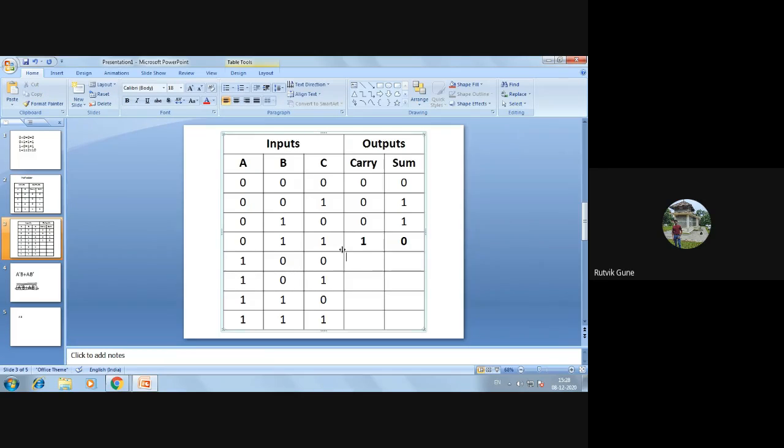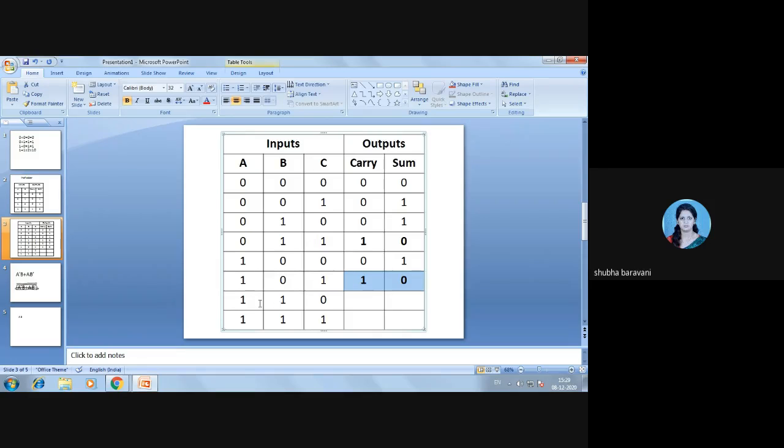Yes, ma'am. Okay. Now 100: 1 plus 0 is 1. Again 1 plus 0 is 1. So there is no necessity of a carry. However, for 101, 1 plus 0 becomes 1, and 1 plus 1 becomes 2. 2 is represented as 1 0.